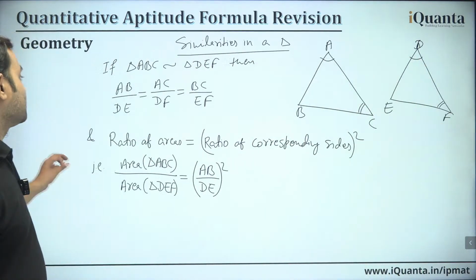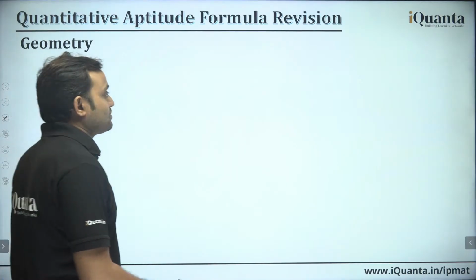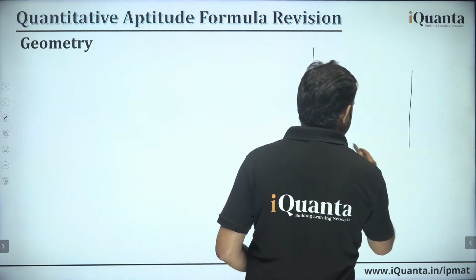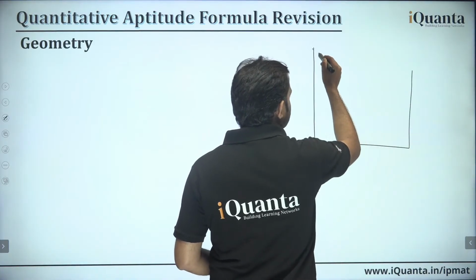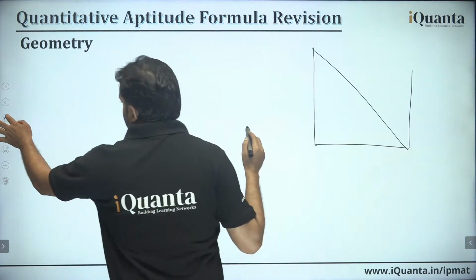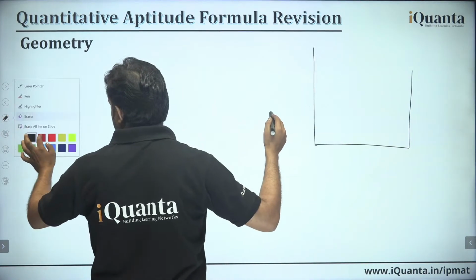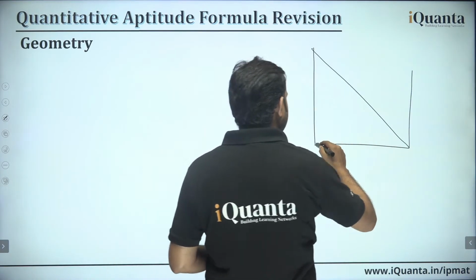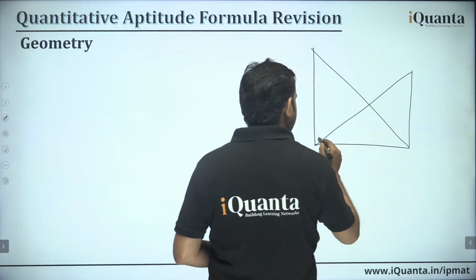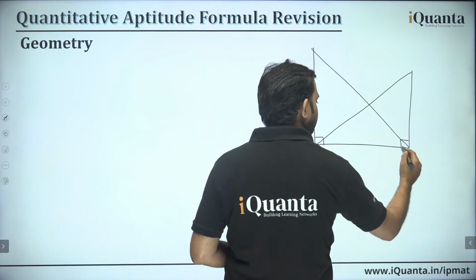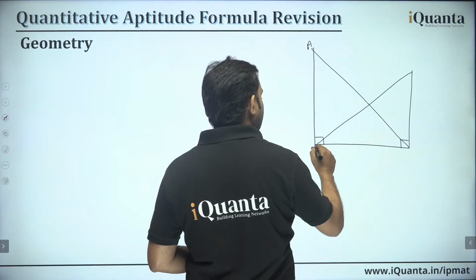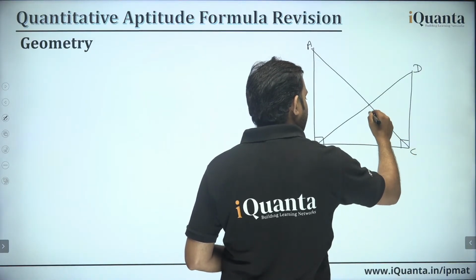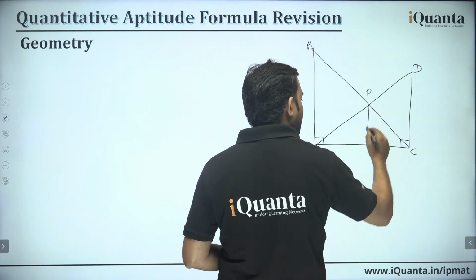Now in case of similar triangles, there is one particular figure which can be used directly in the question. Like this one. Okay. Let's say this is AB, this is CD, and this length is PQ.